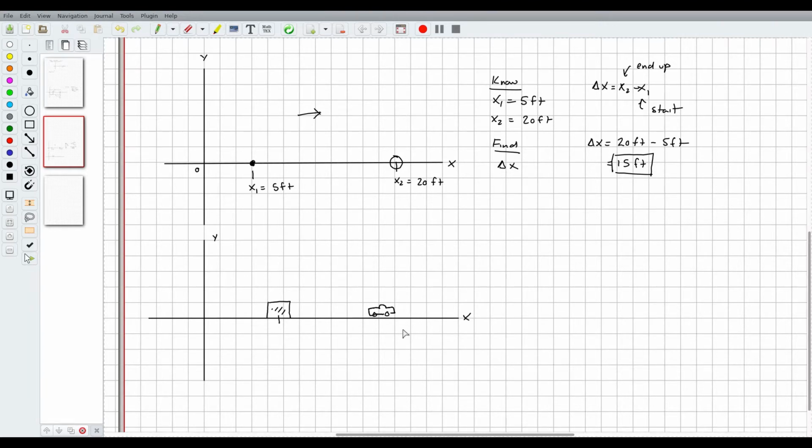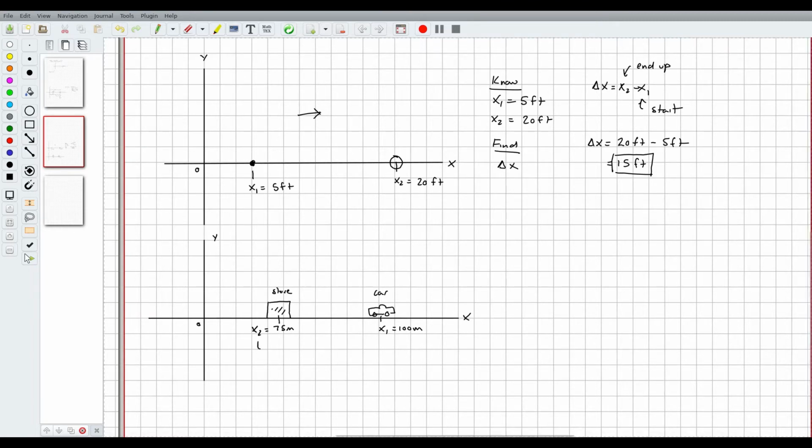So here's your car, here's the store, and from a location standpoint, this is where we're going to start, 100 meters away from the origin. The store sits 75 meters away from the origin, and it's where we're going to end up.